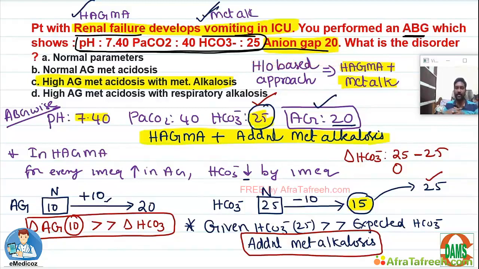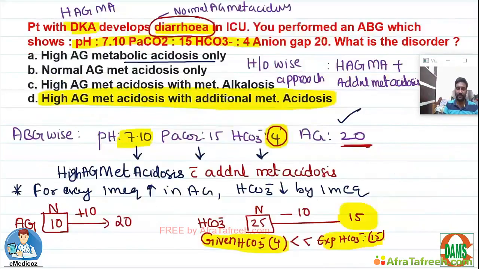Whenever anion gap increases, bicarbonate should fall down. But bicarbonate is not falling down. It means there is some other disorder adding bicarbonate to the body, because of which bicarbonate is not falling. So it can be an additional metabolic alkalosis.